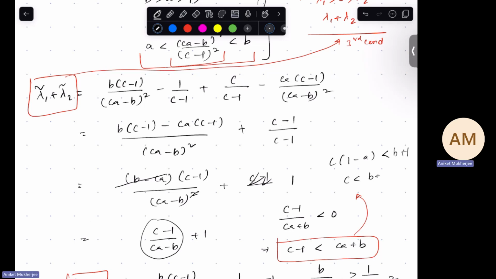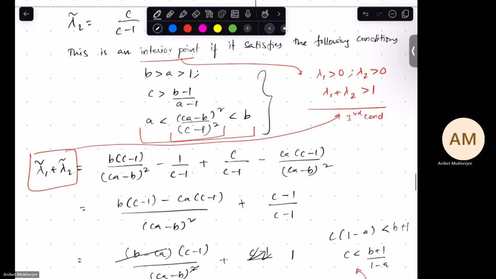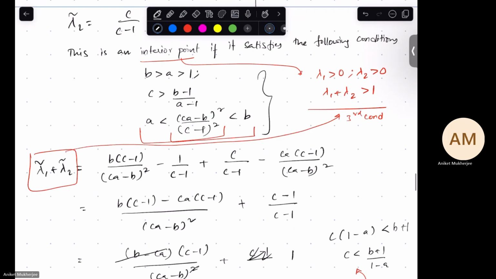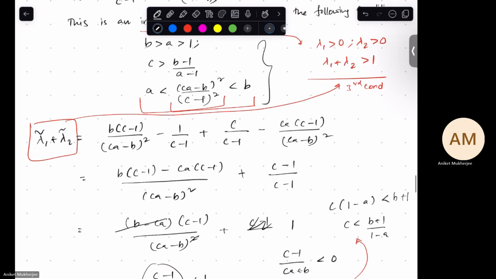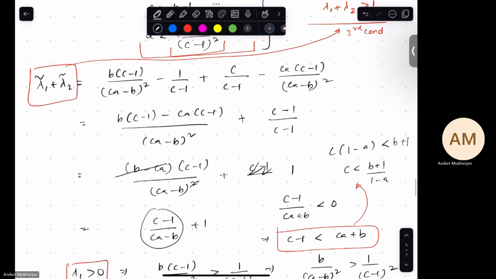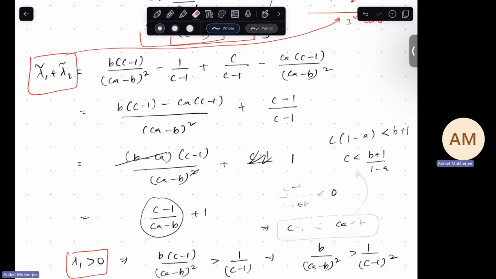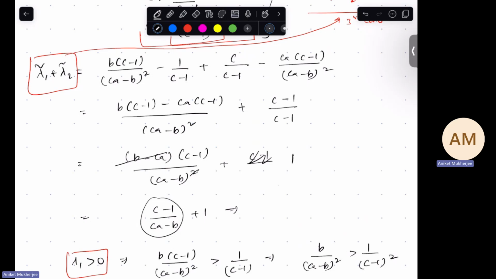So C is less than B plus 1 by 1 minus A. So what we get from here is C minus 1 by CA minus B should be less than 0.